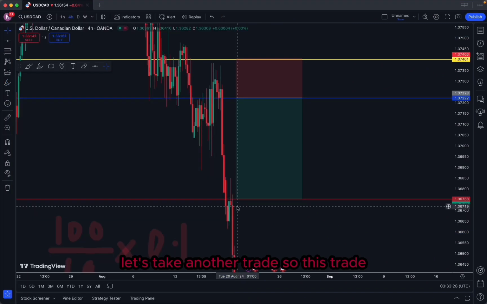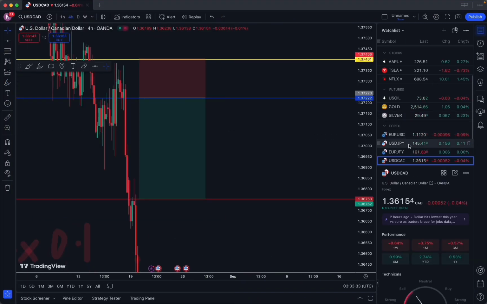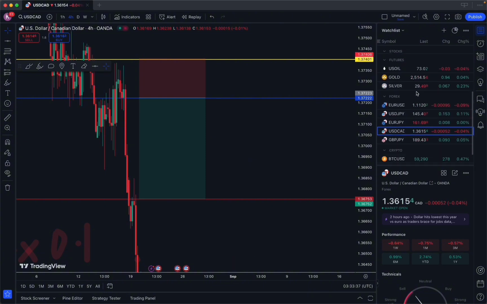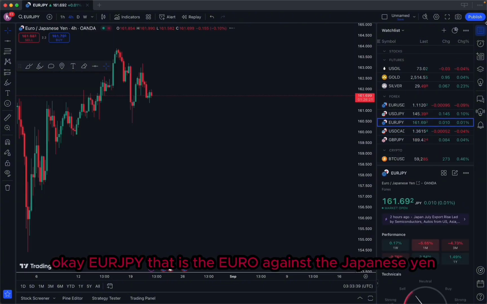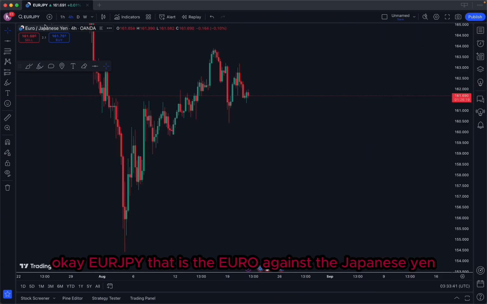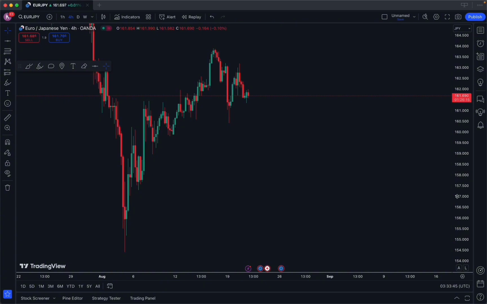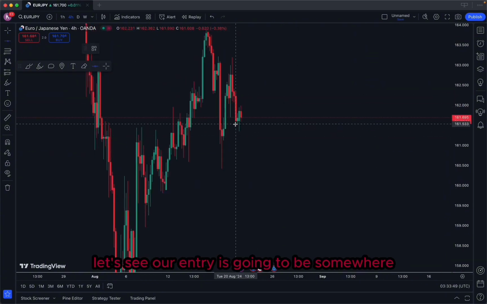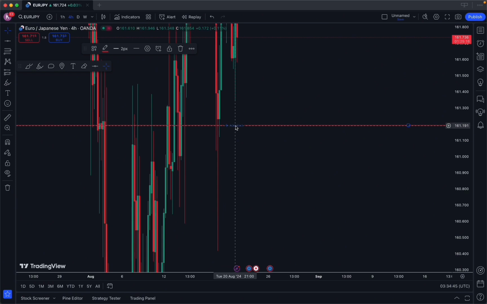Let's take another trade. With this trade, let's take it on Euro JPY, that is the euro against the Japanese yen, and we are buying this market. So let's say our entry is going to be somewhere at 161.19.